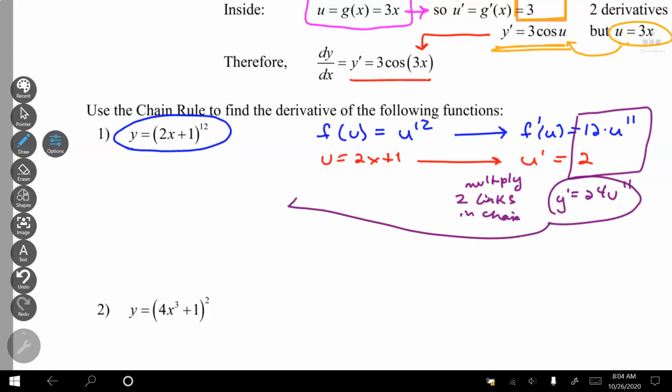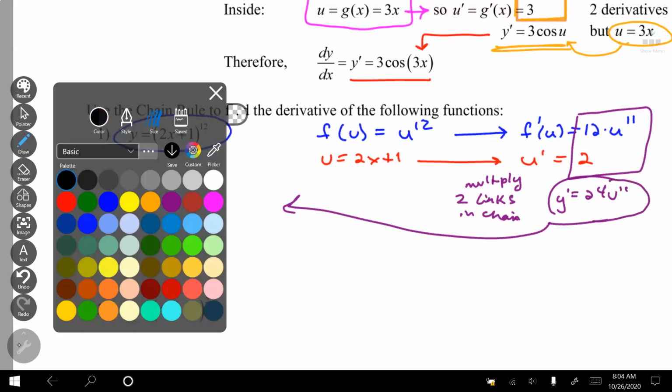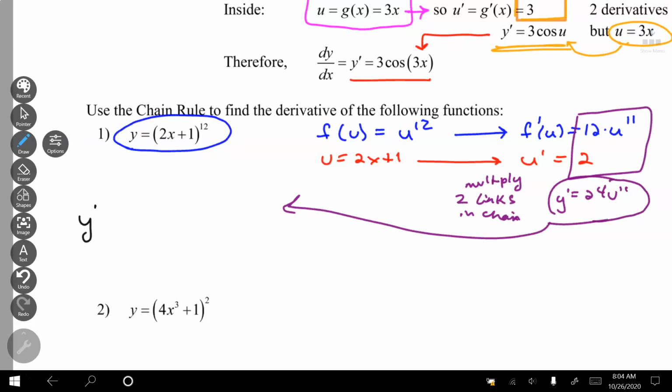And that's what I'm going to put over here, except I'm not going to write the u any longer. I'm going to rewrite it as y prime is equal to 24. That u, I should put parentheses around this, 2x plus 1 to the 11th power.